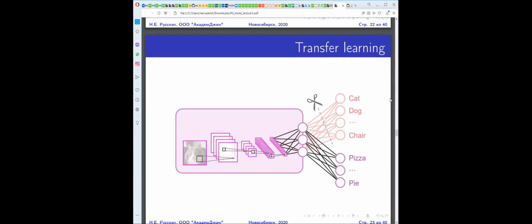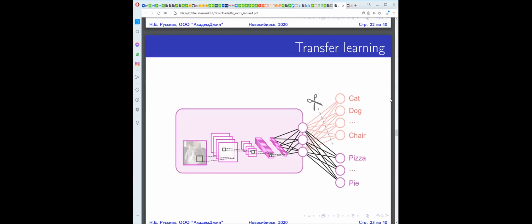And it's a really common approach when you're solving a task given, say, 50 training examples per class.